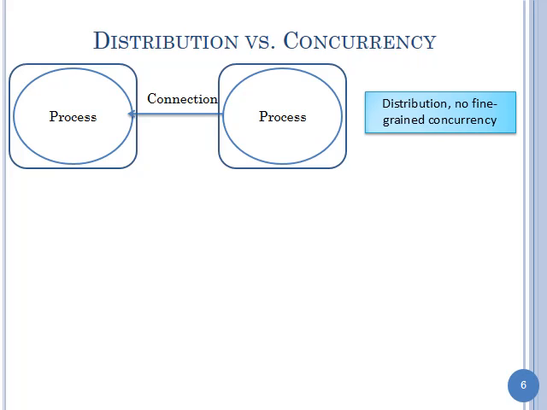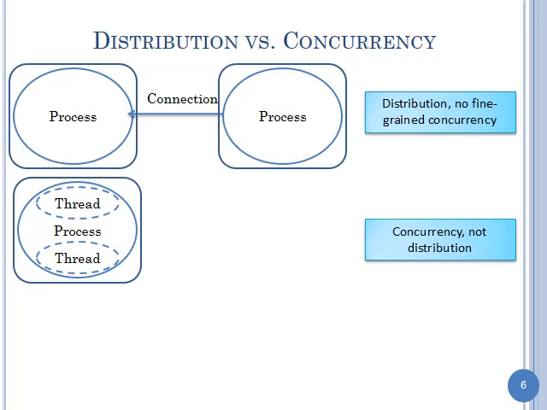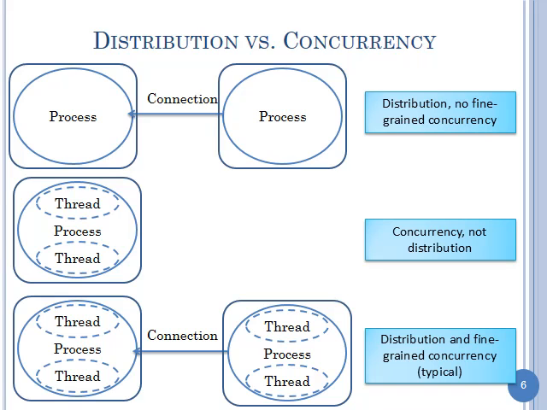There was only one thread in each process, and they were talking to each other. You can have concurrency and no distribution. But typically, in modern systems, you're going to have concurrency and distribution together. And since you do have independent units interacting with each other, the subject matters are quite related to each other. So by learning about distributed systems, you will also learn much more about concurrent systems.